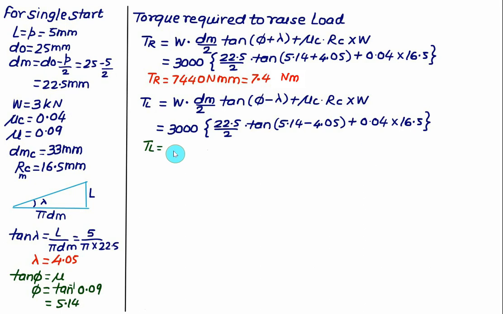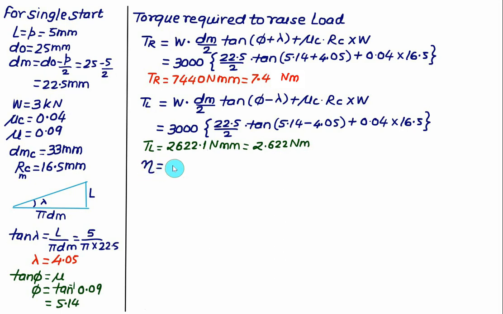So the torque required to lower the load in the case of single start comes out to be 2622.1 Newton mm. That is equal to 2.622 Newton meter.